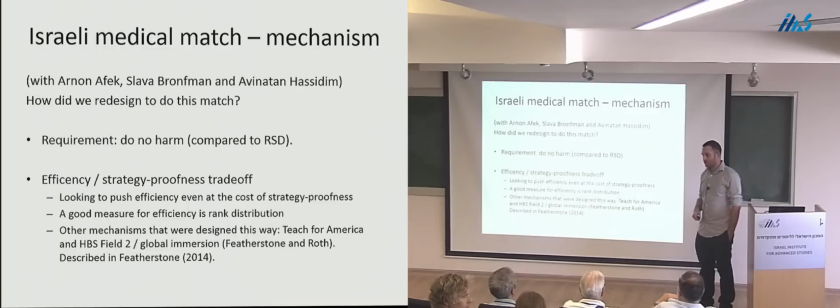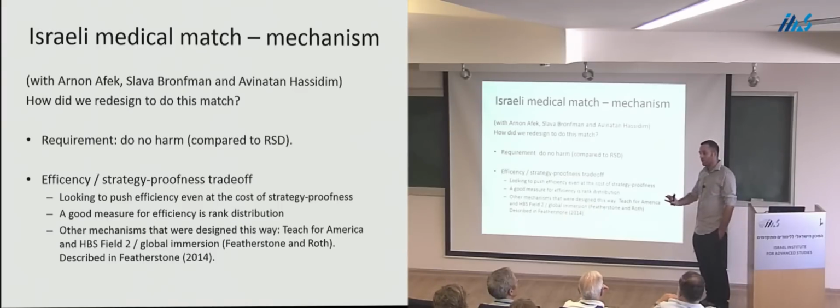In some sense, you are right. But in another sense, you're completely wrong in the sense that nobody knows what strategy proofness is among those doctors that we talked with, right? So they don't care about what you just said. They don't know that people are going to cheat. So no, they care about comparison to the reported preferences, okay?